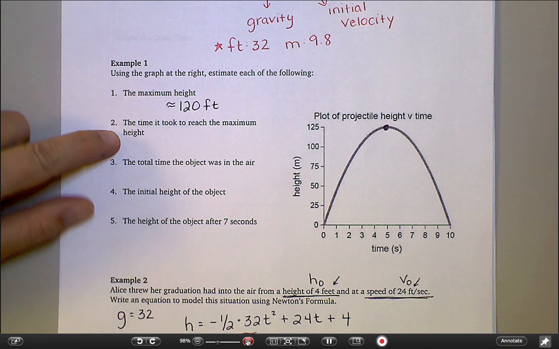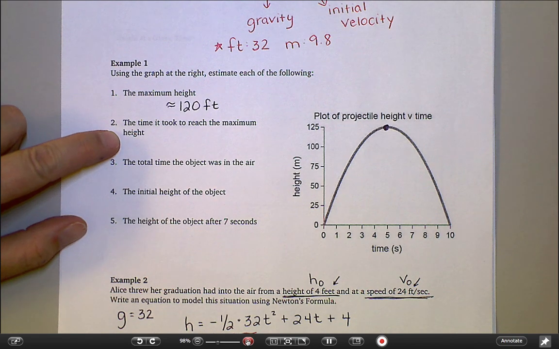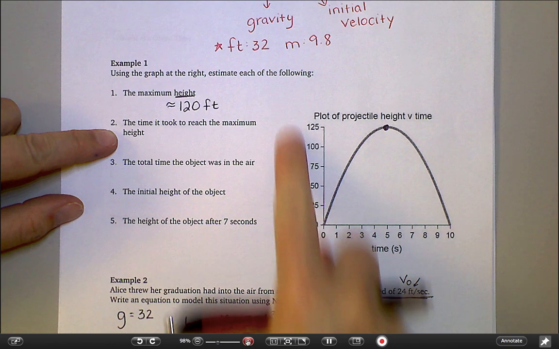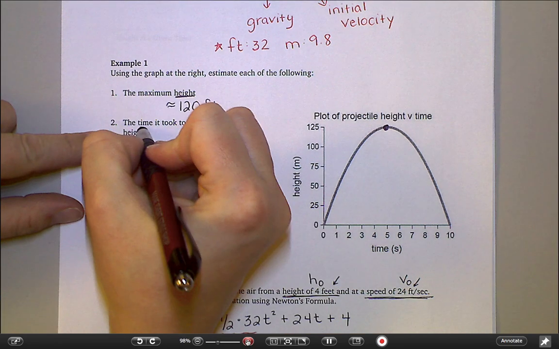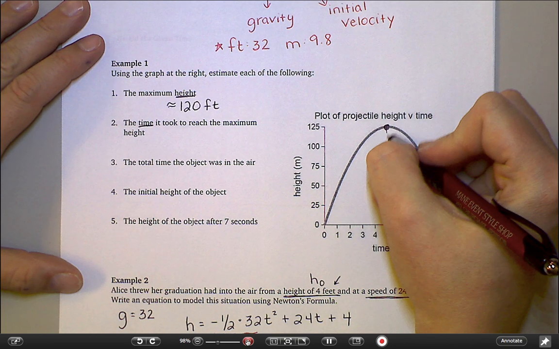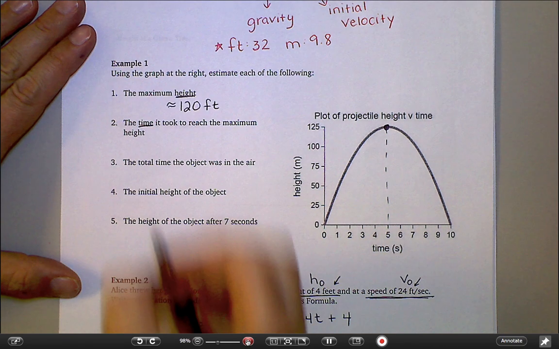But then notice it says, how much time did it take to get there? Notice that this one was asking about height, so I read it from this axis. This one's asking about time, so I'm reading it from this axis. And so time-wise, if I go straight down here, looks like it's right about 5 seconds.